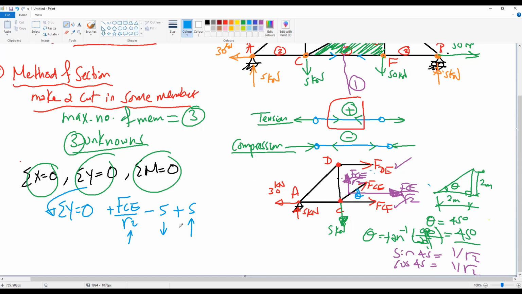No? So this equation should be 0. So now 5 positive will cancel 5 negative, and then from this equation we will find that FCE is equal to 0. Is that correct?